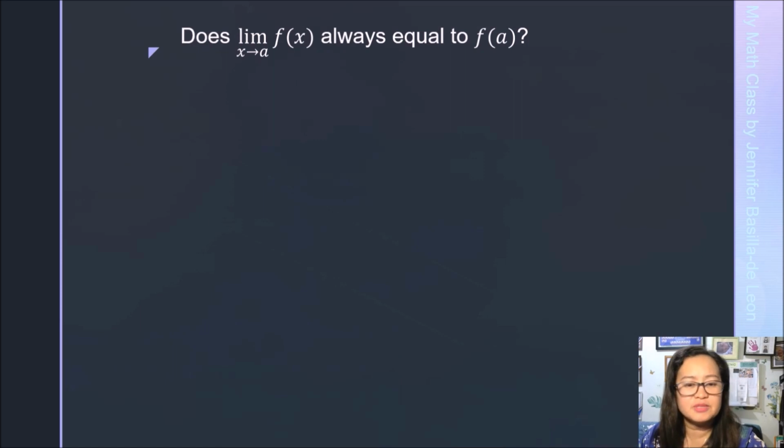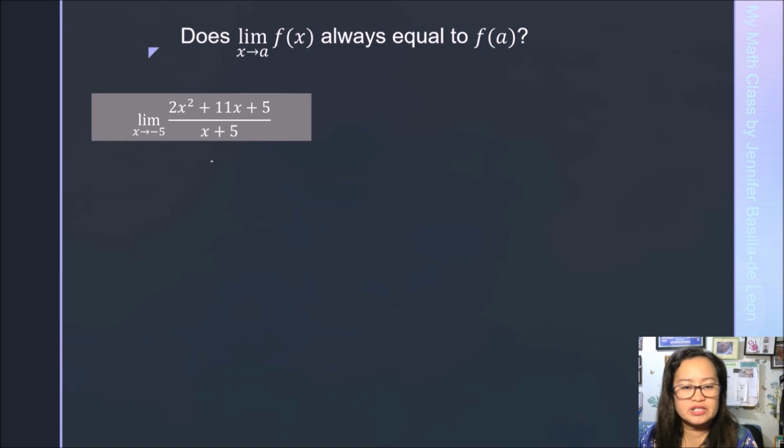Is the limit of f of x as x approaches a always equal to f of a? Now let's consider this given. Evaluate the limit of (2x squared plus 11x plus 5) all over (x plus 5) as x approaches negative 5.